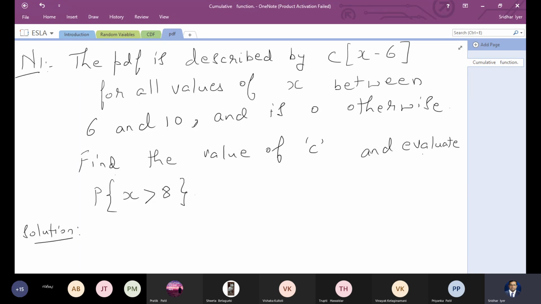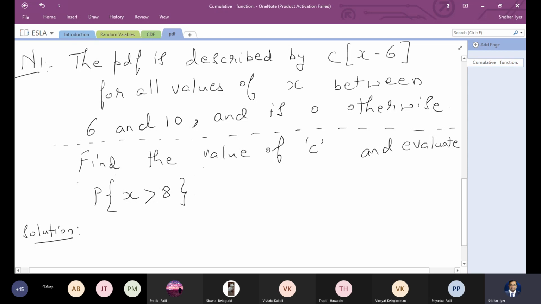So always break the numerical into two parts. This is my suggestion. One, the information which is given to you, followed by the next part, what it is that you need to evaluate. So I'll just draw a dotted line.